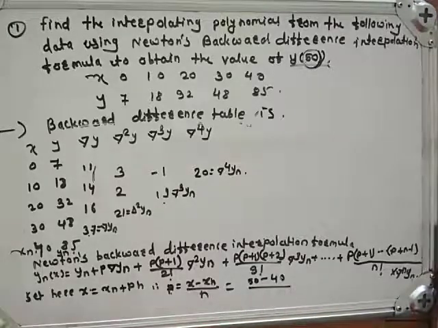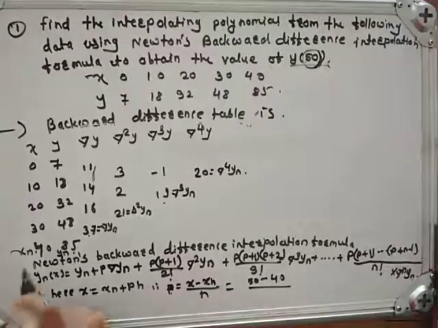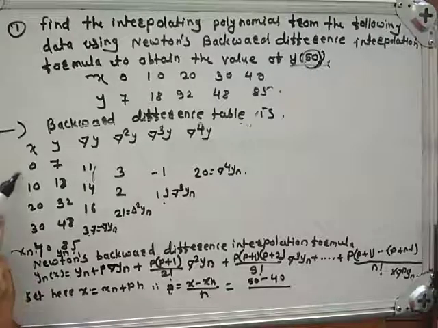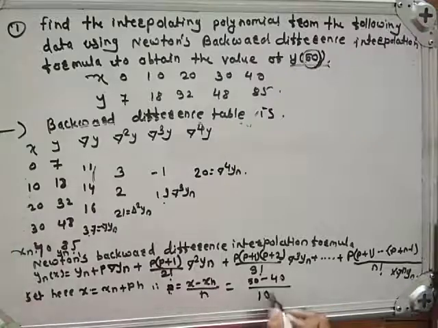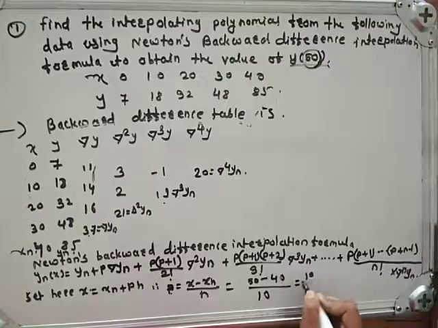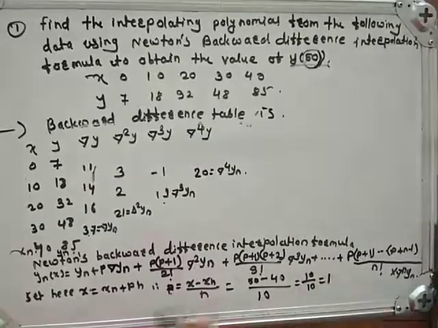H means interval of differencing, which is 10 minus 0, 20 minus 10 is 10, which is equals to 10 upon 10, which is equals to 1. So you will get p is equals to 1.